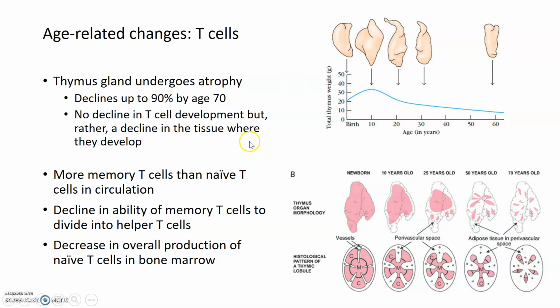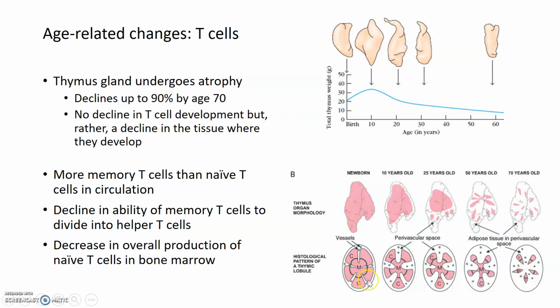And by the age of 70, the thymus gland size, or the mass, declines to up to about 90% of its original mass and size, which is pretty significant. Which means also that there's really not a decline in the amount of naive T cells or in T cell development in the bone marrow, but there's a decline in the place or the tissues where they can choose their fate, which is potentially problematic for the adaptive immune response.